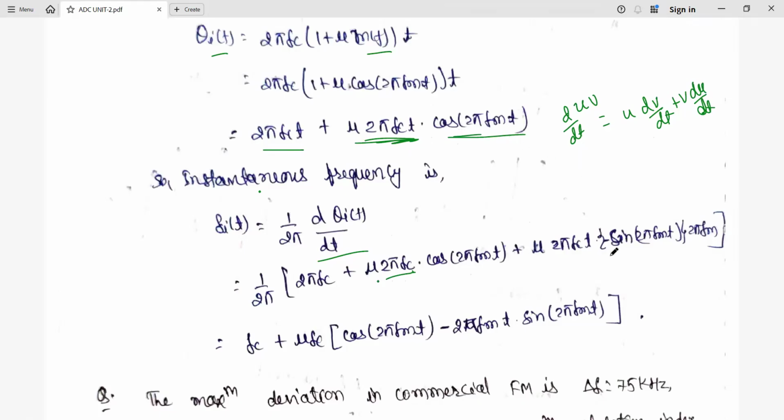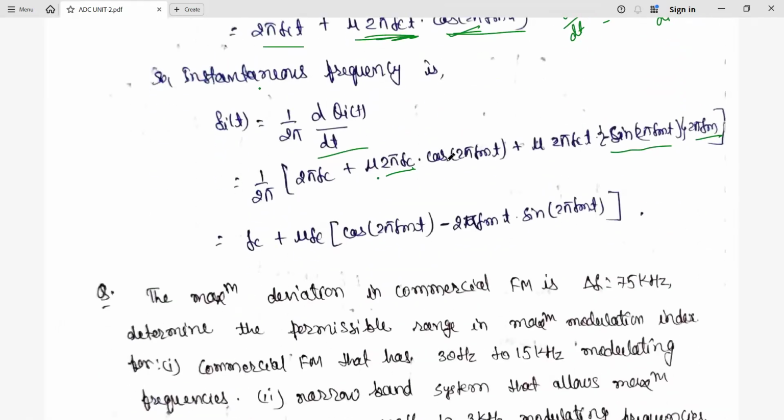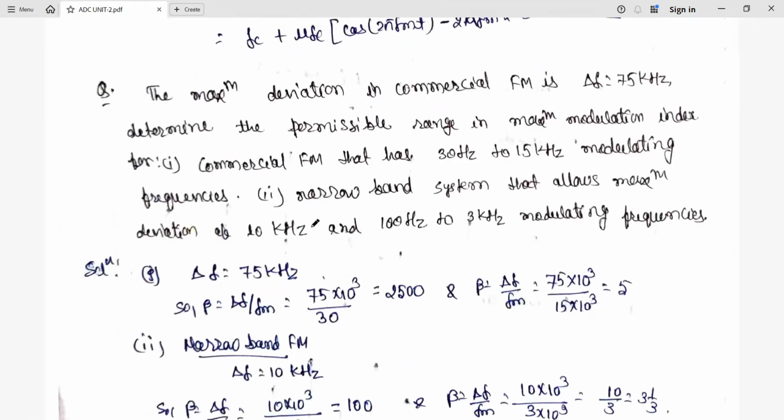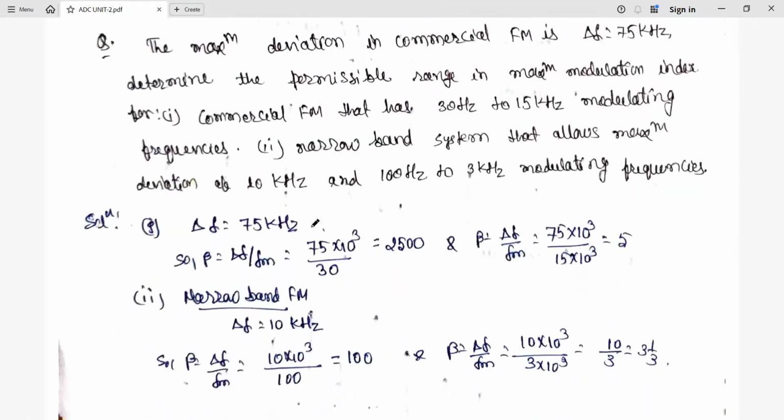That differentiation is minus sin 2 pi fm t multiplied by 2 pi fm. That is the differentiation of cos 2 pi fm t. After that, we rearrange this expression, and we have these values. That is the instantaneous frequency. So we need basic knowledge of how differentiation is done. Then we can solve this.